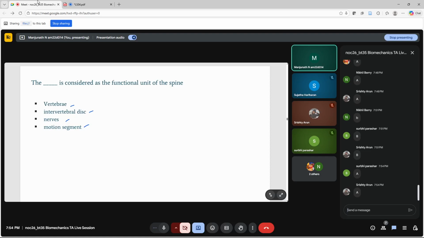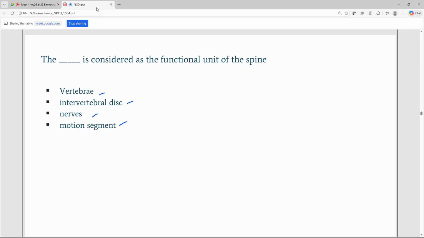Try to answer the question. Which is considered as the functional unit of the spine?